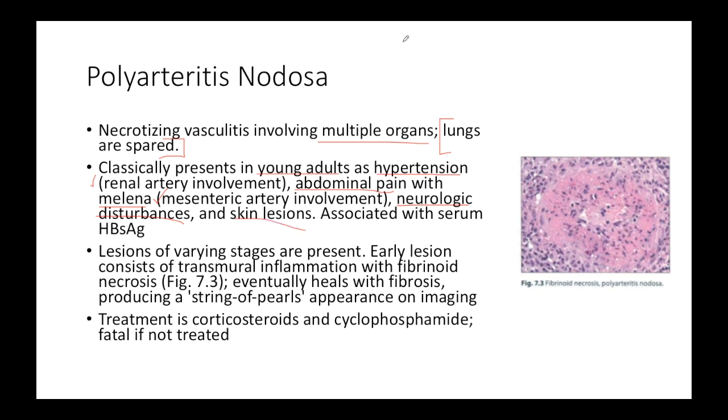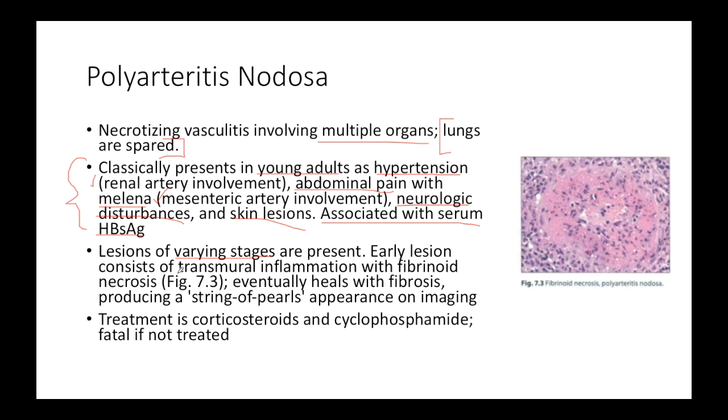So if you remember, we were talking about medium vessel vasculitis. It involves the muscular arteries that supply the organs, so we can see that occurring here. You can see lesions of varying stages at the same time. This is also associated with hepatitis B surface antigen in the serum.